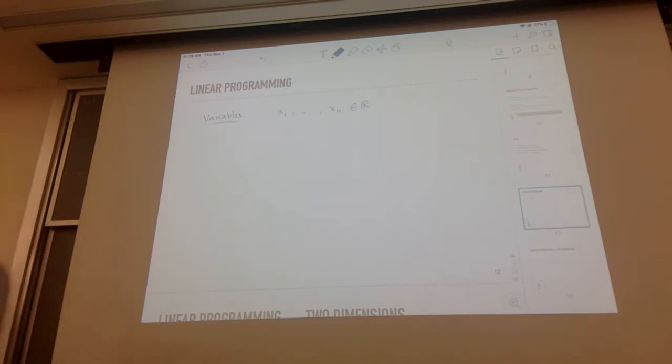And the objective is also a linear function, some c1 x1 plus c2 x2 up to cn xn, which I will just write as c transpose x for now. So x will denote the set of variables, and c will be the vector c1, c2, up to cn.